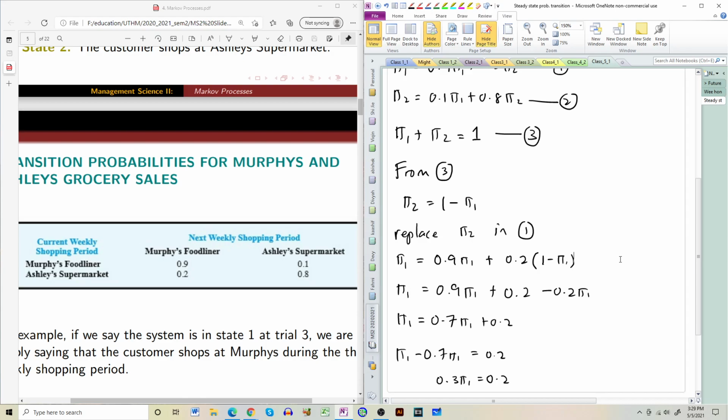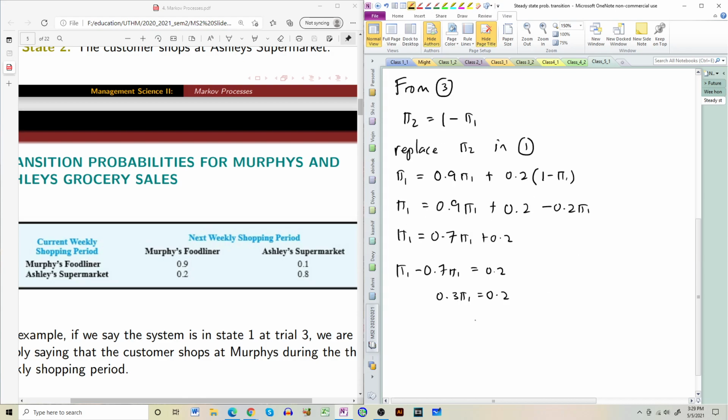So you can find pi 1. The pi 1 is actually Murphy's.